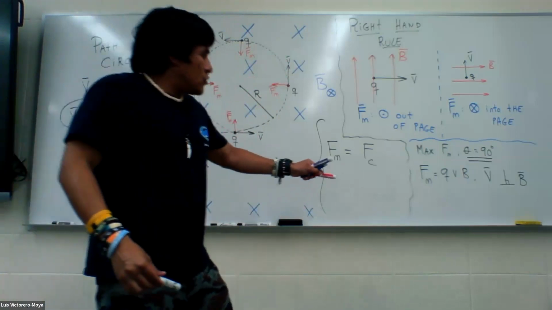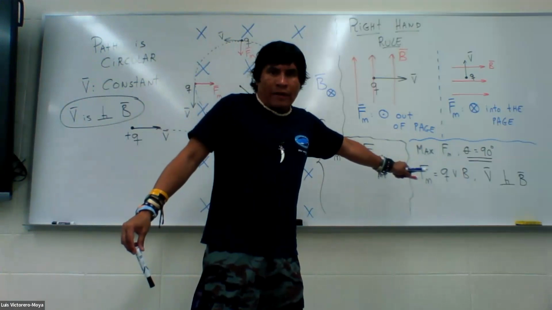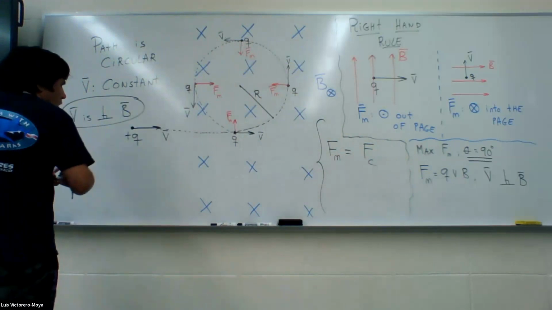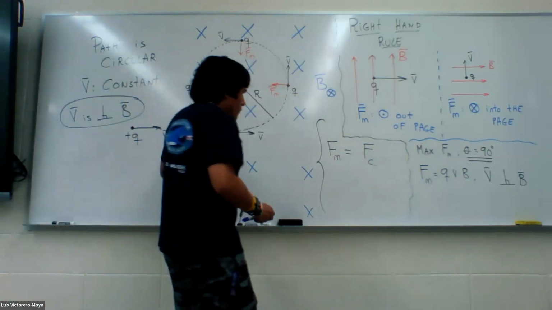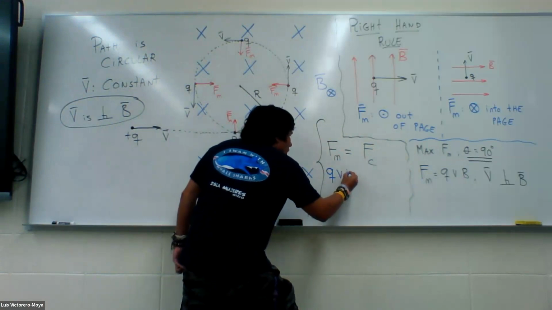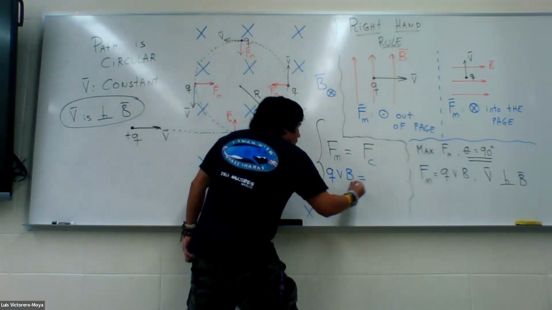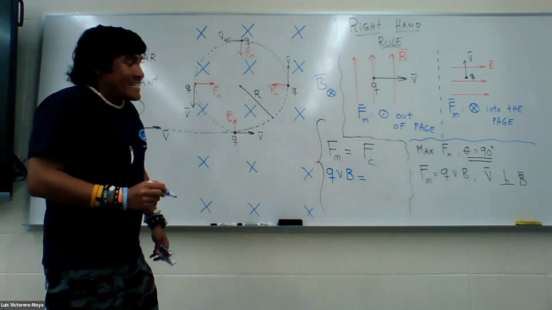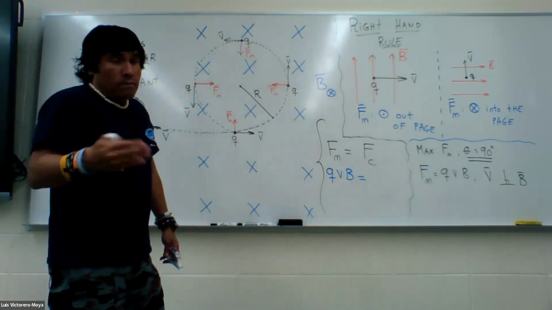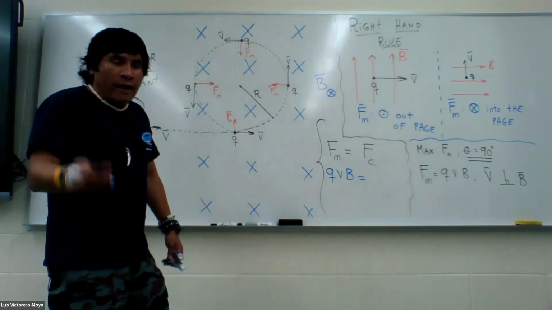That means that we can use that equation for magnetic force, QVB. So here, QVB. What's the equation for centripetal force? Well, mv squared divided by r.